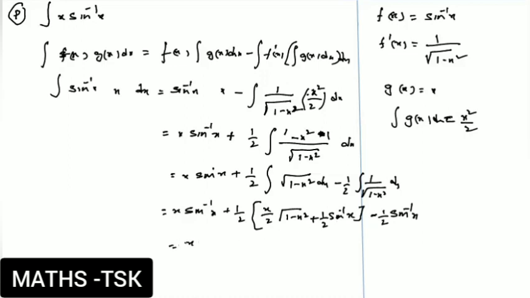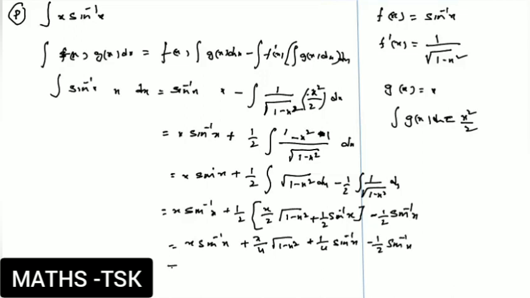So x sine inverse of x is one term. Next one is x by 4 root of 1 minus x square, the second term. The third term is 1 by 4 sine inverse of x, and the last term is minus 1 by 2 sine inverse of x.